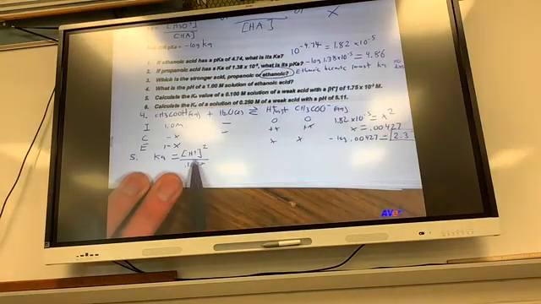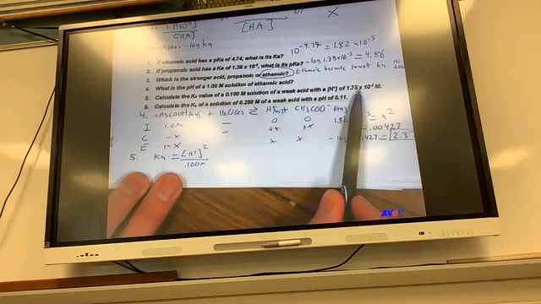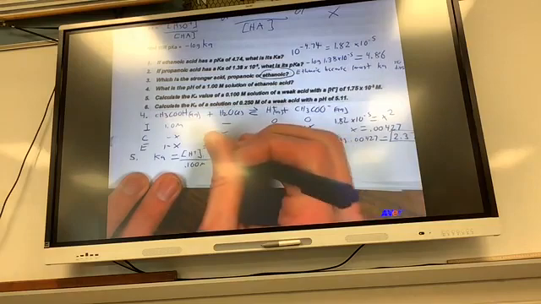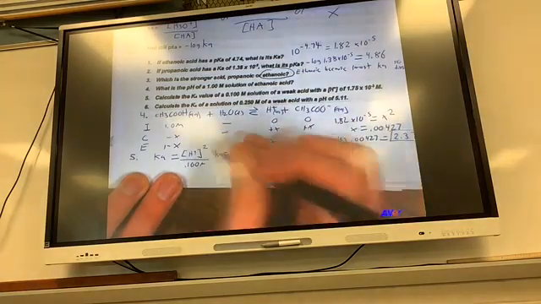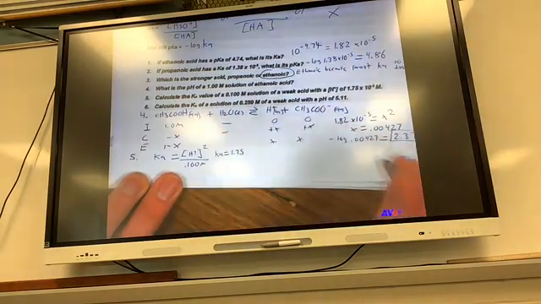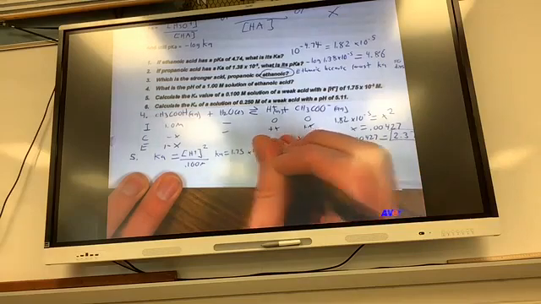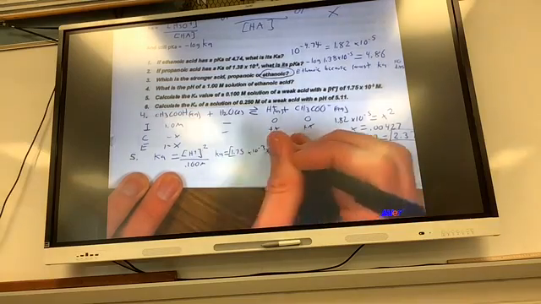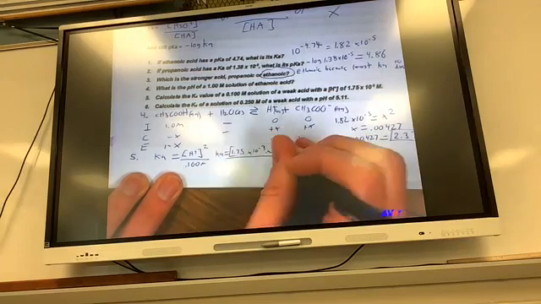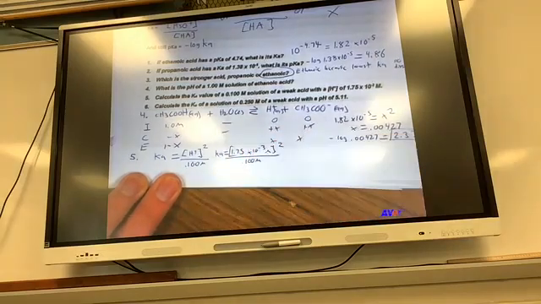Do I know my concentration of H plus? Yes, it's right here. So sub in: Ka equals 1.75 times 10 to the negative third molar, that quantity squared, over 0.100 molar.